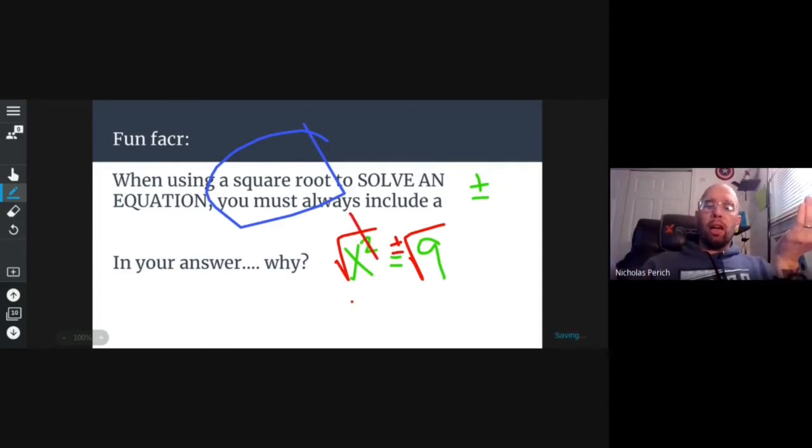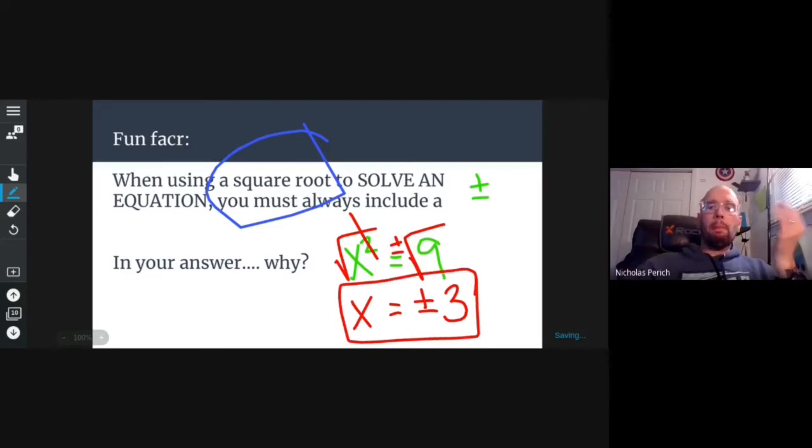That crosses out. X equals positive or negative 3. It's just something we're going to have to remember, because there's 2 answers.